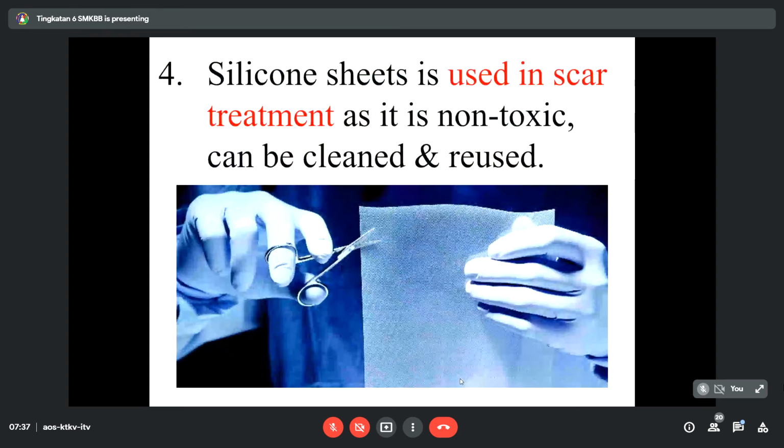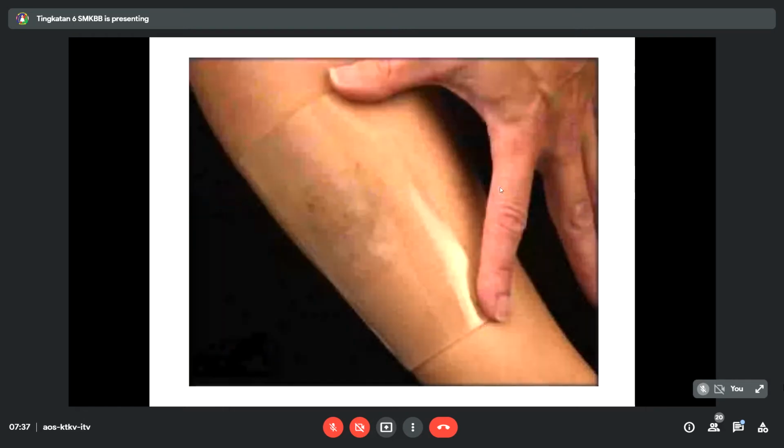Also, if it is in sheet form, of course you can use it in scar treatment. That means it can act like skin, because it is non-toxic and it can be cleaned and reused. So normally they put it there when you have a burn scar, especially, to help the healing process go faster.